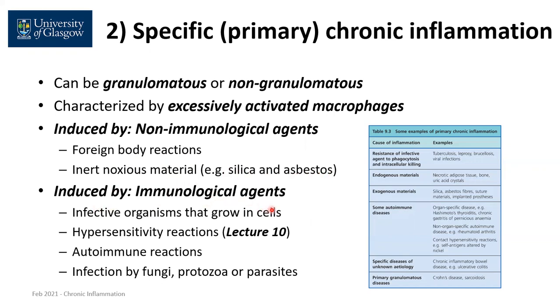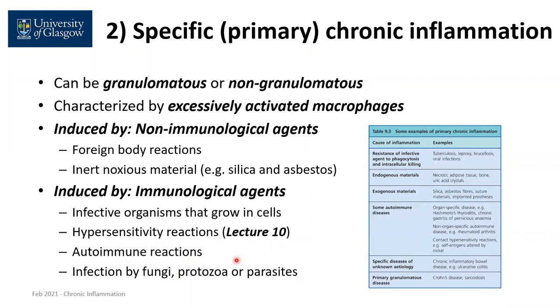Or they can be induced by immunological agents, so infectious organisms that can grow in cells, such as intracellular bacteria like Mycobacterium, or things like viruses as well. Certain hypersensitivity reactions can also be an initiating factor of specific chronic inflammation, and we'll cover these in the last session.